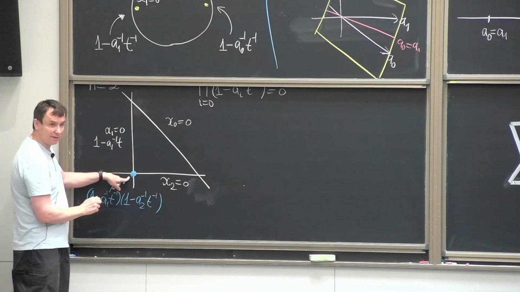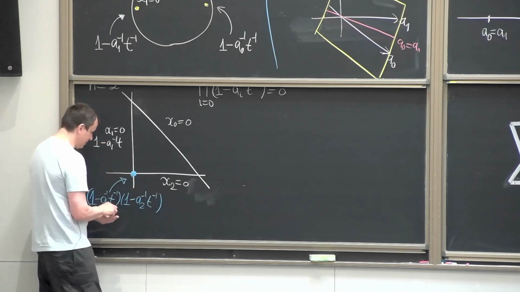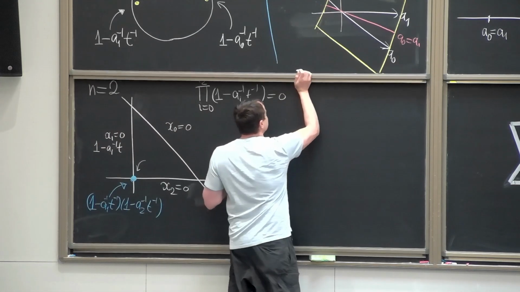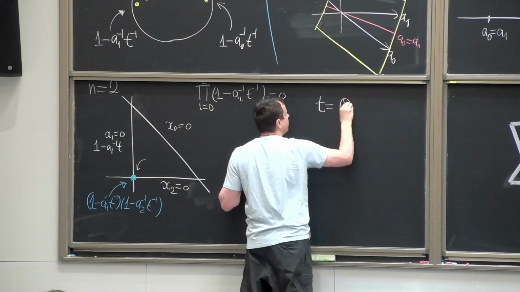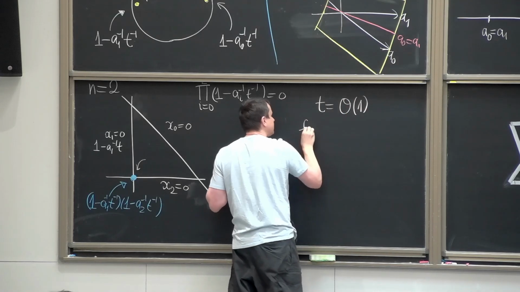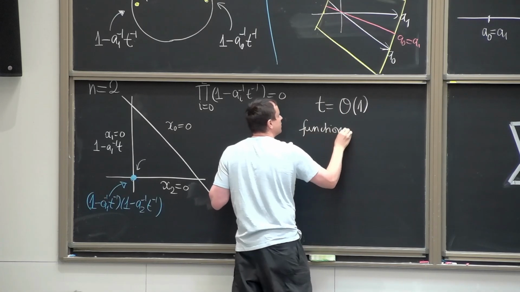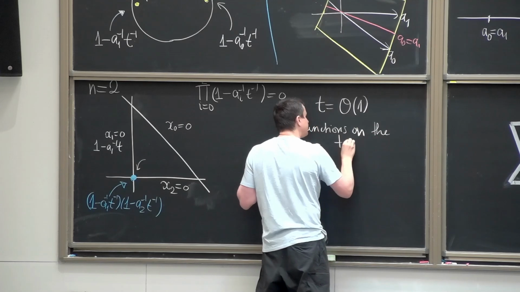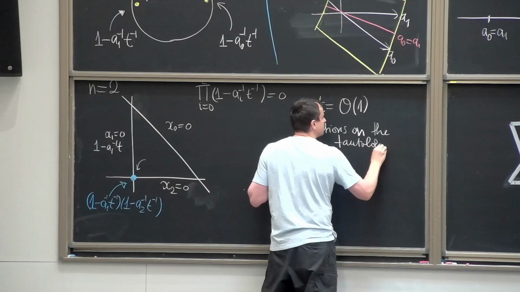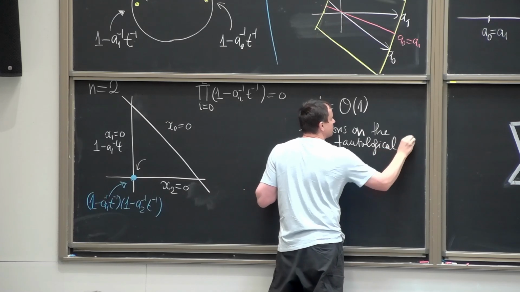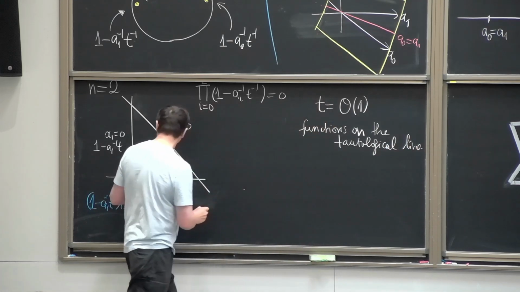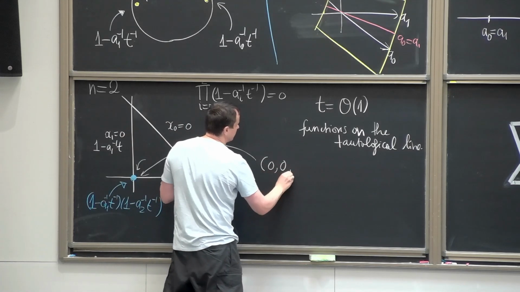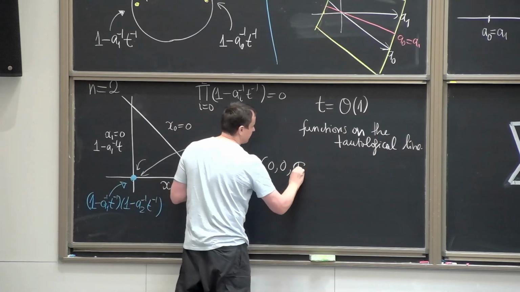So if this is, for instance, this point, the T restricted to this point, remind you that T corresponds to O of 1. Right? So this is to say functions on the tautological line. So at this point, this tautological line is the line of the form 0, 0, so the first 2 coordinates are 0 and then something. Right?